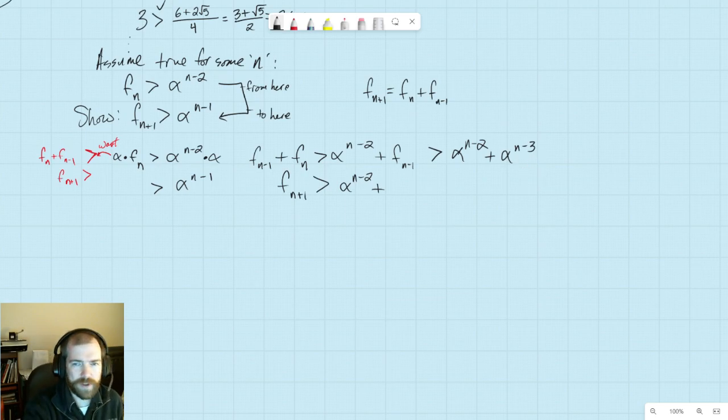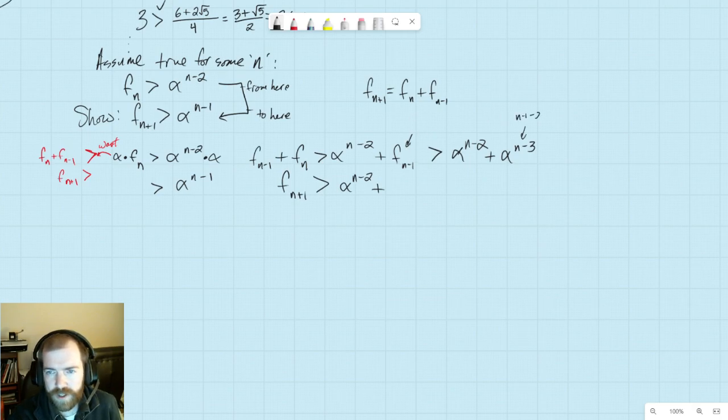So if you're not sure where these numbers are coming from, f sub n gets us alpha to the n minus 2, and then here this is f sub n minus 1, this is n minus 1 minus 2. Okay, so then here is still going to get us f sub n minus 1, which is greater than.